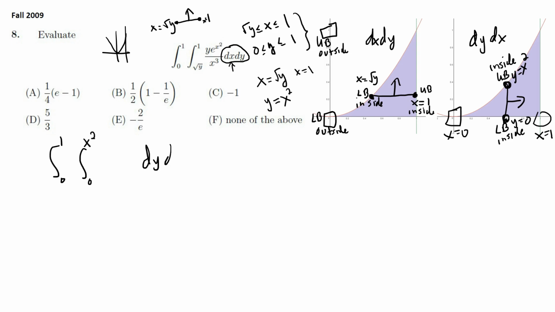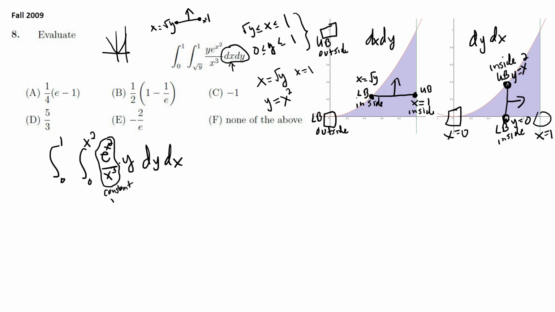This is a dy dx integral, and the integrand I'm going to rewrite as e to the x squared over x cubed, and that's going to be times y. I separate it like that on purpose so that you can recognize how to find the antiderivative perhaps in an easier way. It's with respect to y. And so all of this, e to the x squared over x cubed, is constant in y.